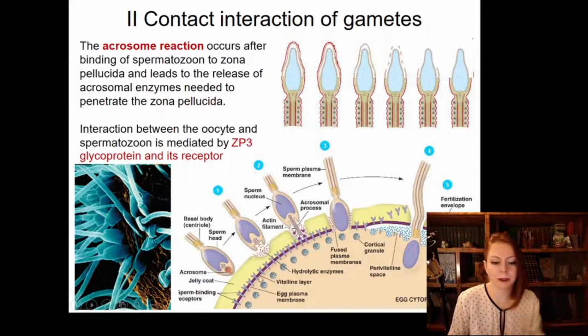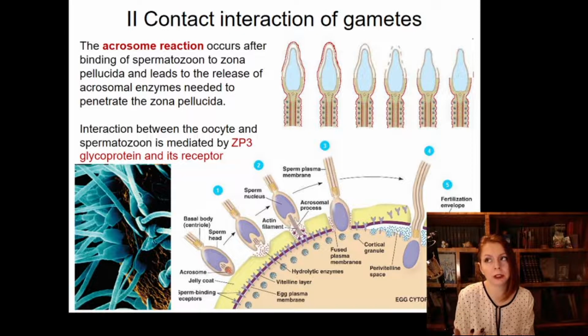enzymes are expelled. They start to digest the zona pellucida, but what's interesting is that the enzymes of only one spermatozoon are not enough, and only when several hundreds are present around the oocyte can it be properly fertilized.